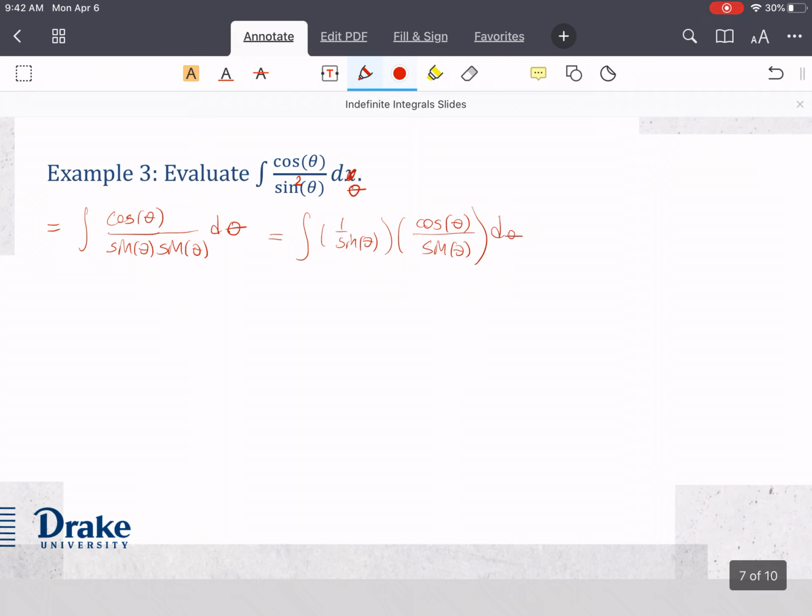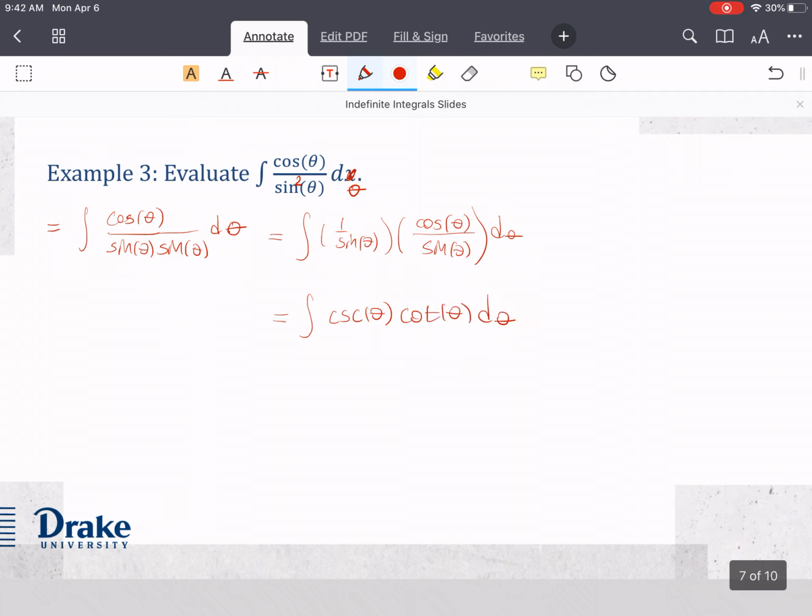All I did is split this fraction into two pieces, because at the end I'll get the same thing. And so now the integral of 1 over sine is cosecant theta, and cosine over sine is cotangent theta.